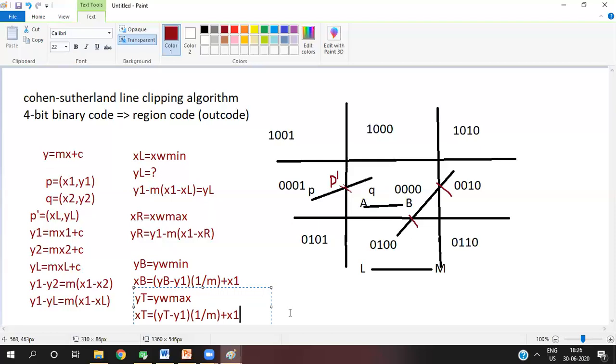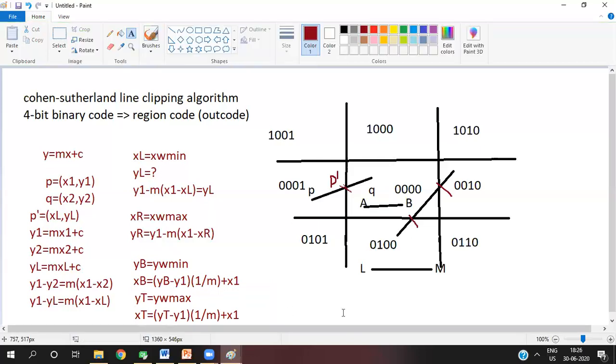Okay, so in this way you can calculate the intersections for the line.